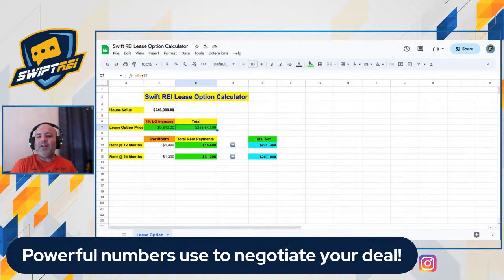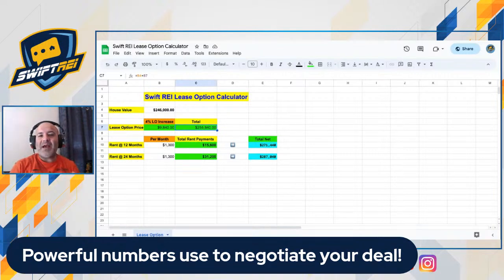Then you start telling them, "Wait, how are you paying me 246 for my property, but you're going to net me 271?" Usually when I say that number, I'm going to net you this, they're like antlers or antennas. They start listening.